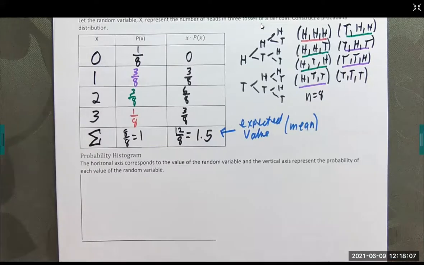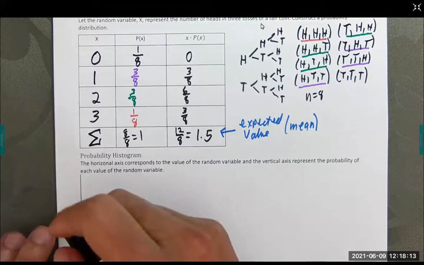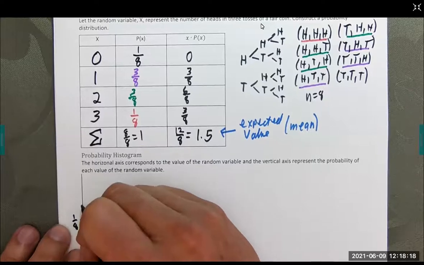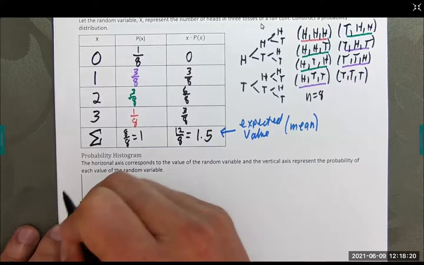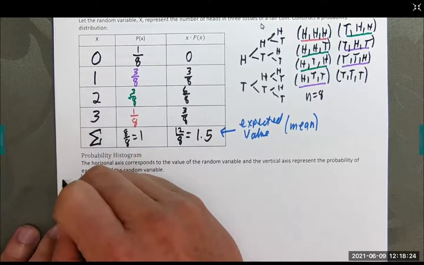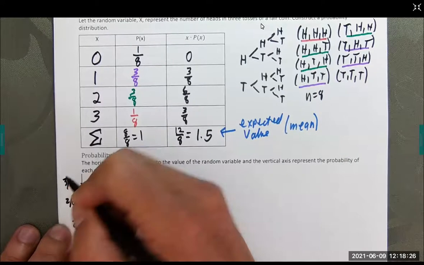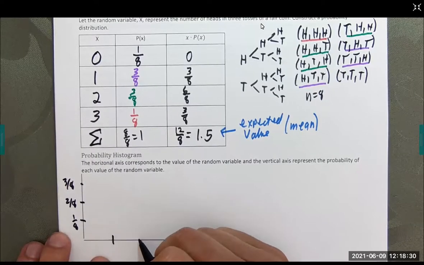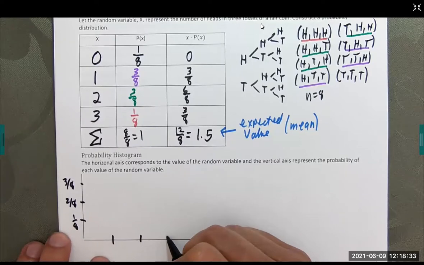All right, let's do a probability histogram with the data that we have here. I'm going to label this axis with the 1/8, the 2/8, and the 3/8. And we'll label this here, here, here.